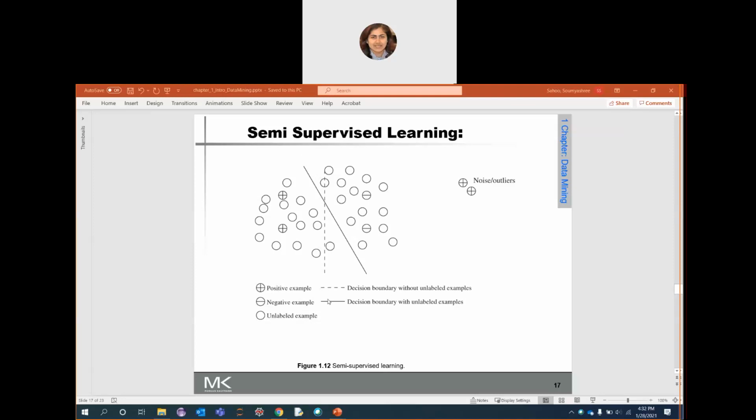Here we can detect the two positive examples in the top right corner, which are labeled, but they are not actually similar to the rest of the data. This becomes the noise or the outliers, which don't have any common characteristics or pattern that all these sets of attributes have here.